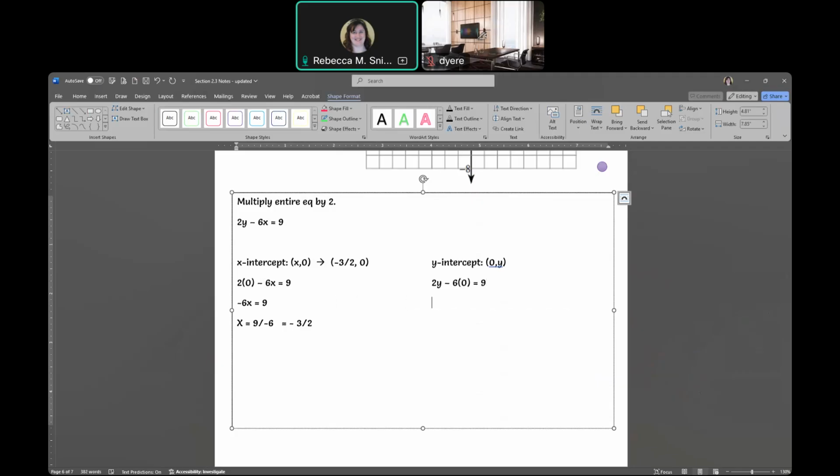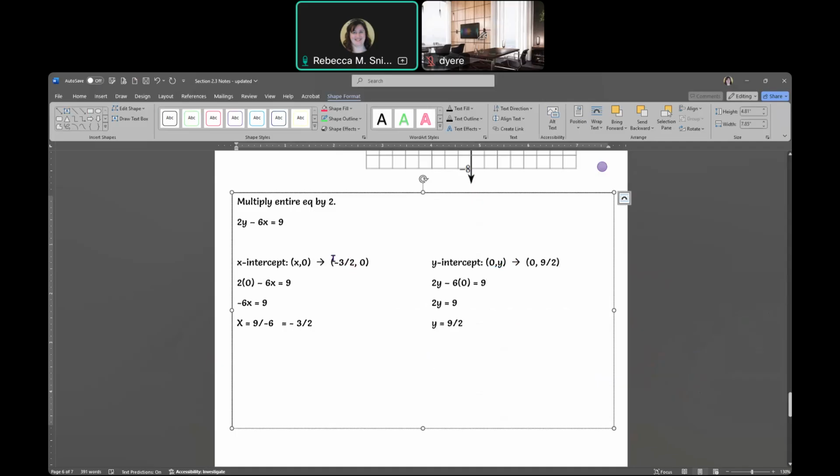Anything times 0 is 0, so we get that 2y is equal to 9. And so when we solve, we divide, so we get that y is equal to 9 divided by 2, and that's not going to reduce at all, so that's how we would leave it. So this tells me my intercept point is found at the point 0 comma 9/2.